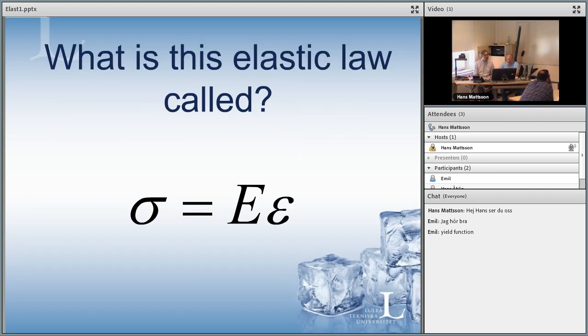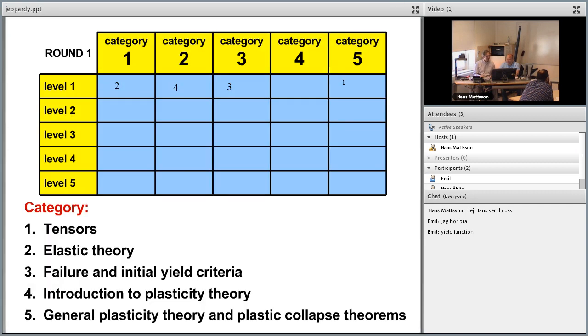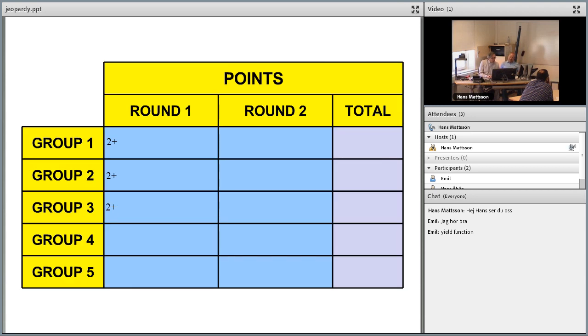What is this elastic law called? Do you have an answer? Hooke's law, that's correct. From 1678. Very good, very close. We have 2 points for everyone so far.